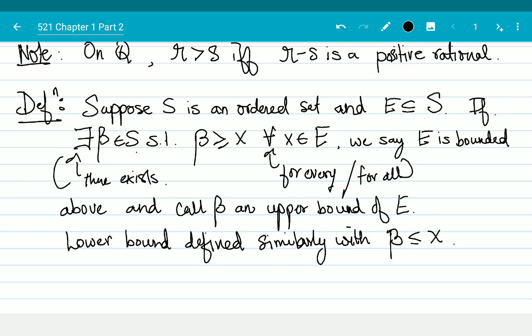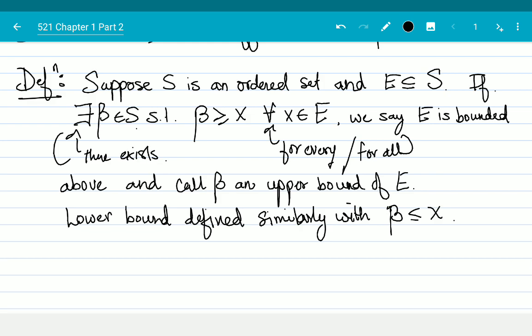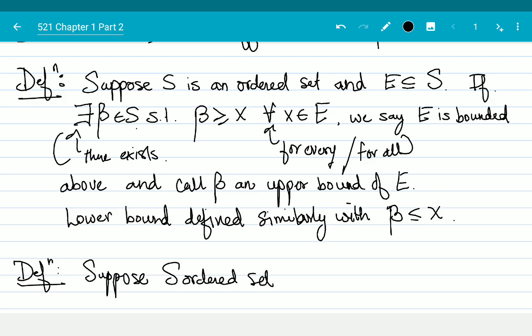Okay, so now I have an upper bound. What is the least upper bound? Definition. Suppose S is an ordered set with E a subset of S, and E bounded above.